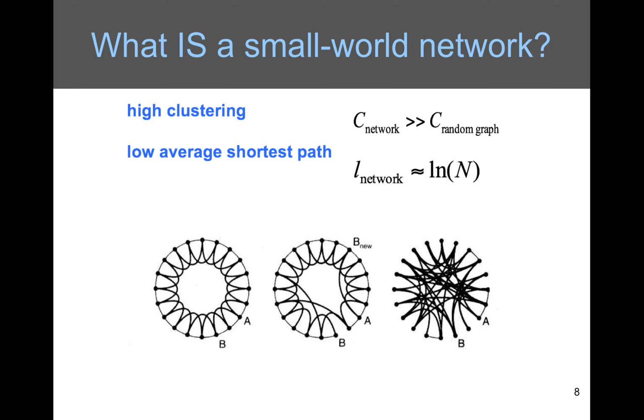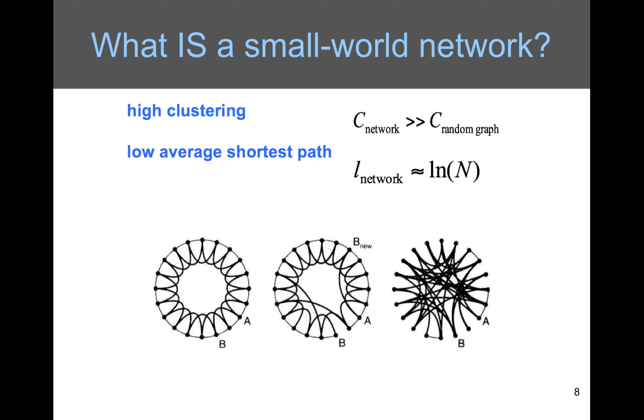The average length, if I take all pairs of nodes, the average shortest path length in the network should approximately be the logarithm of the number of nodes in the network. Which means I should not take the full length of the network to reach a node. I should take a really small number of hops, and that small number is denoted by this order of magnitude reduction that you get by taking the logarithm, right?